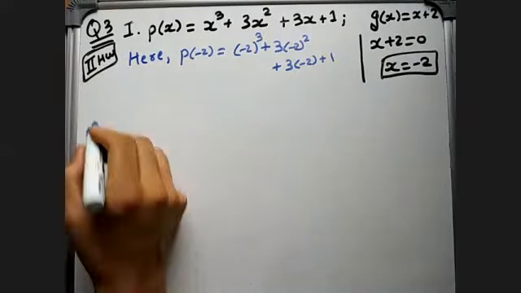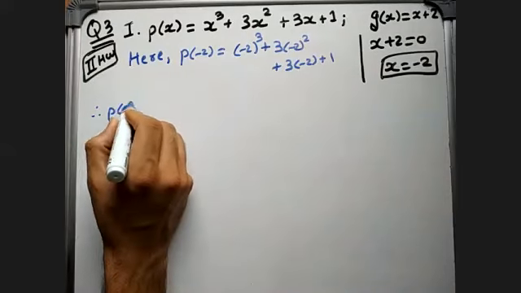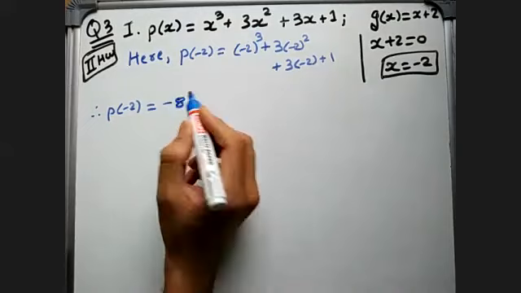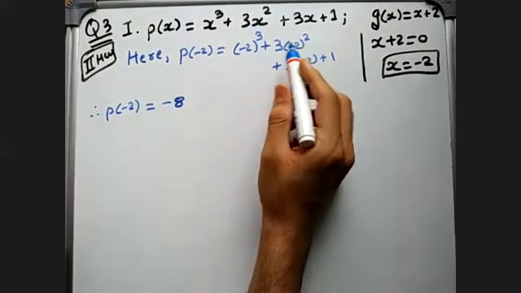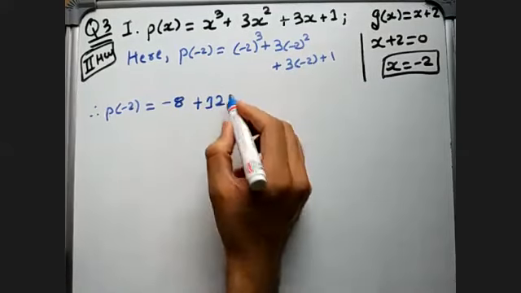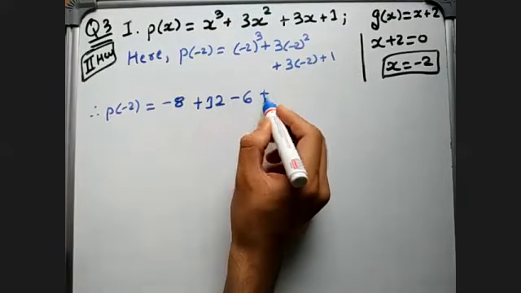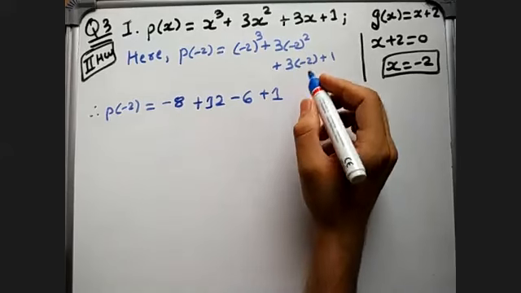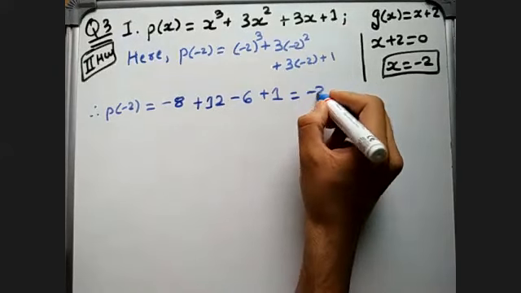So therefore, p of -2 is equal to -2 cube, which is -8, minus 2 square, which is 4, so 4 threes are 12, 3 twos are 6, plus 1. 8 and 6 is 14, 12 minus 14 is -2, -2 plus 1.